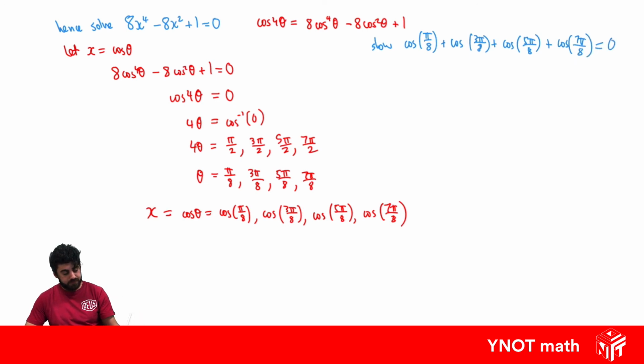Now, since all of these are the solutions to this equation, we can use our knowledge of the sum of roots to show this. Because all we're doing is adding the 4 roots of this equation together.